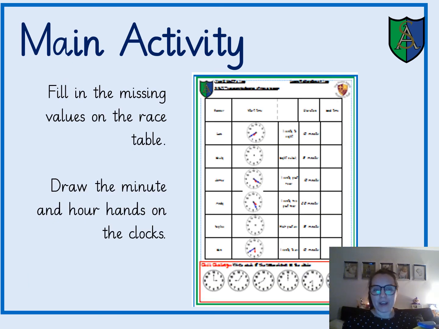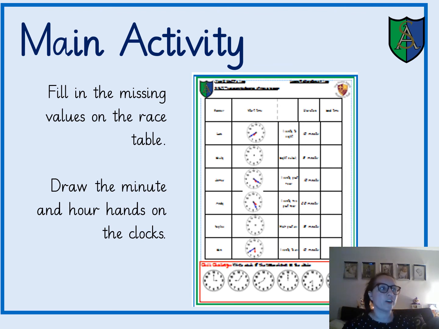Okay, now this is the second part of today's activity. Now I know that the past and the to sides of the clock are quite tricky, okay? Some of us are finding it quite difficult, but that's okay, because what I'm going to say for this part of the activity is, if you don't feel confident with the idea of past and to, then you don't have to complete today's second part of the activity.